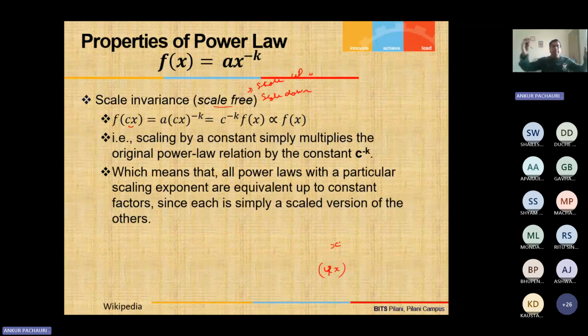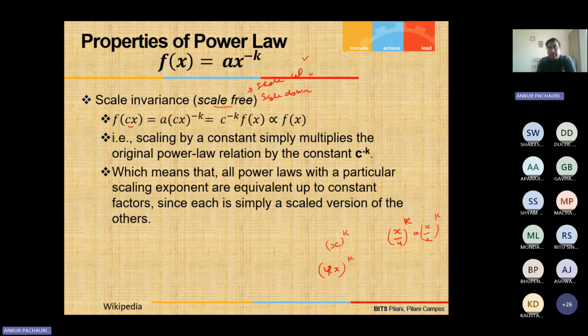So I've made the thing bigger. Alternatively, it's not always the case that I am scaling up. I can also scale it down: divide x by 4, or reduce it to half, x by 2. I'm reducing the value by 2.